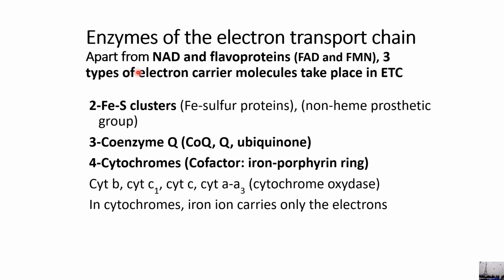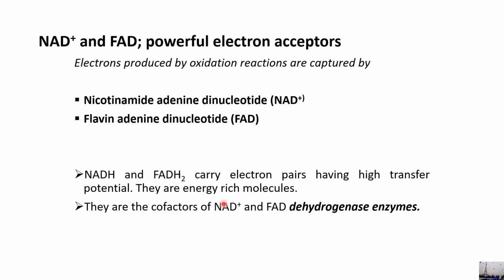Also, we can talk about the iron sulfur clusters as the proteins, a non-heme prosthetic group, and obviously the coenzyme Q, ubiquinone, and cytochromes with cofactor iron porphyrin ring: cytochrome B, cytochrome C1, cytochrome C, cytochrome A2A3, cytochrome oxidase. In cytochromes, iron carries only the electrons.